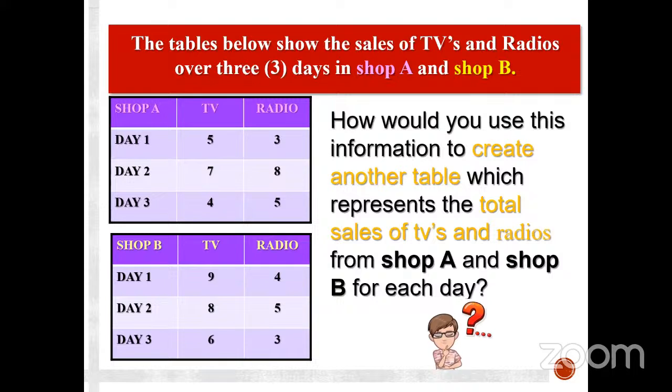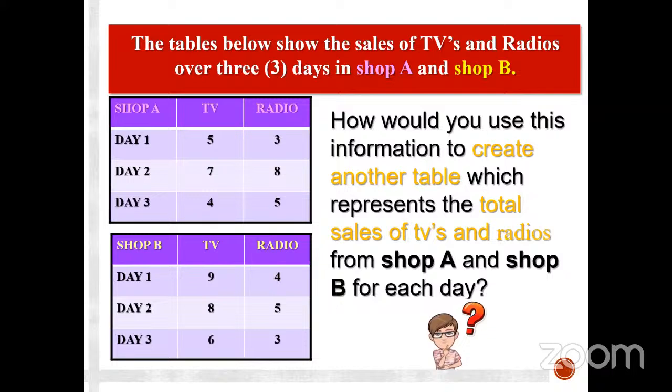Tell me what you're thinking. We want another table, and it should give us a representation of the sales of televisions and radios from shop A and shop B for each day.